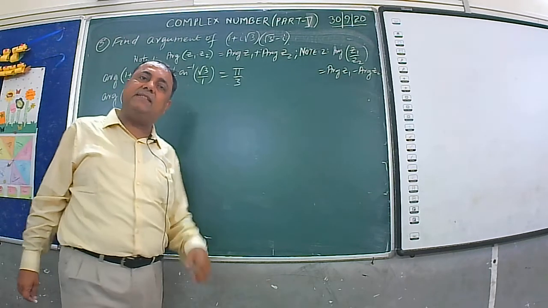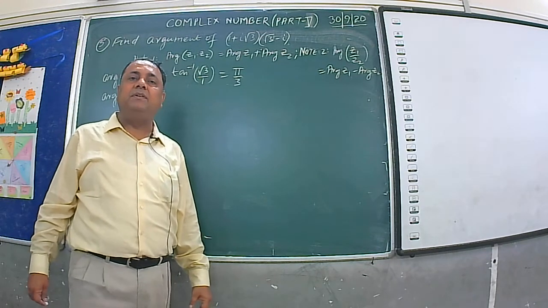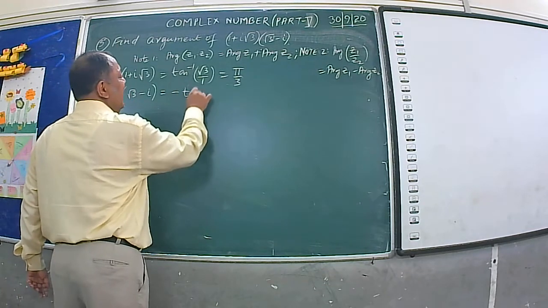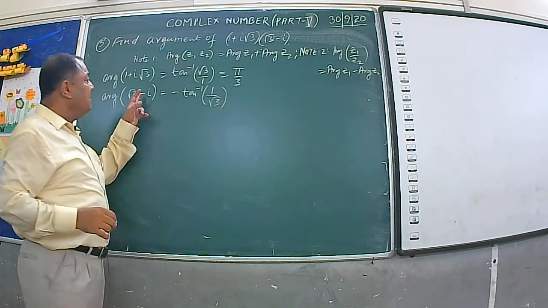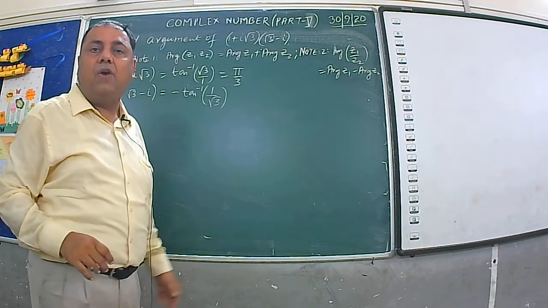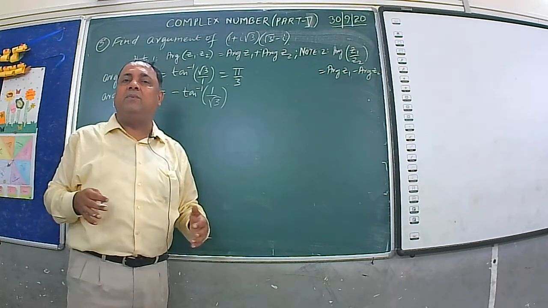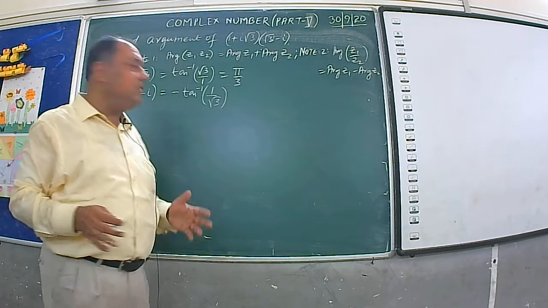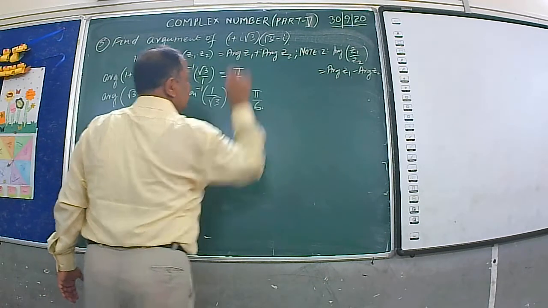If that be the case, then by our concept of argument, the value of the argument of this complex number is minus tan inverse 1 by root 3. Do not consider sign. I have told you in part 4 of complex number. We are neglecting sign of x and y. We are only considering the positive value. So therefore, it is minus pi by 6.